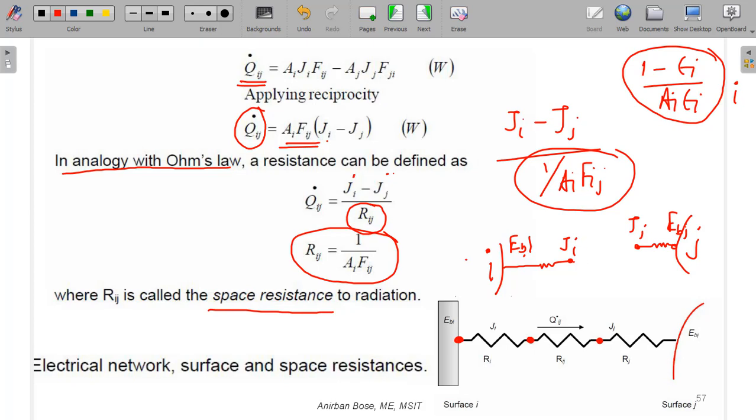Between these 2 points Ji and Jj there will be a resistance, which is the space resistance. So this is the equivalent thermal circuit, and what goes from i to j is Qij dot in watts. This is the basic idea.